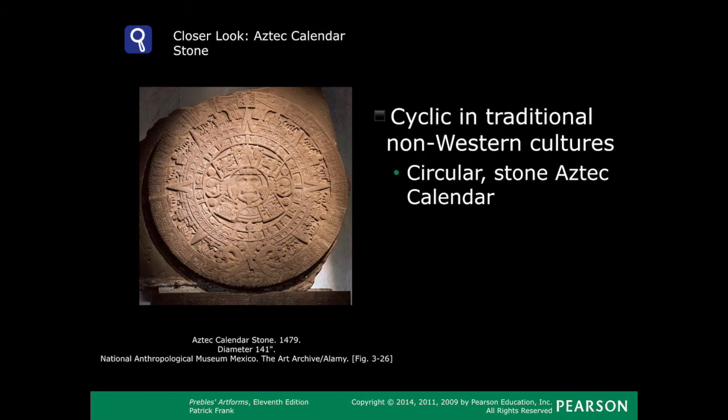Something about the Aztec culture and this idea of time. Everything happens at a similar place in time. In other words, if something happens, that same thing is going to happen again eventually.